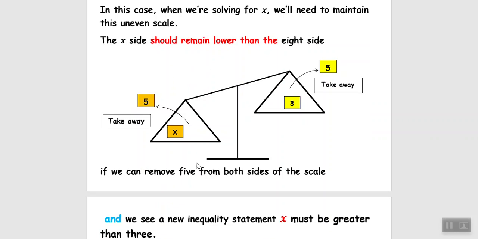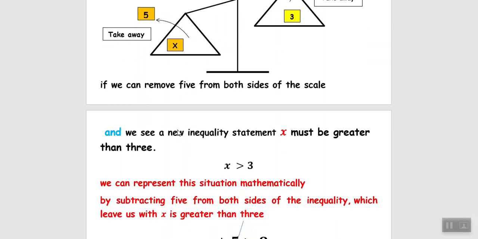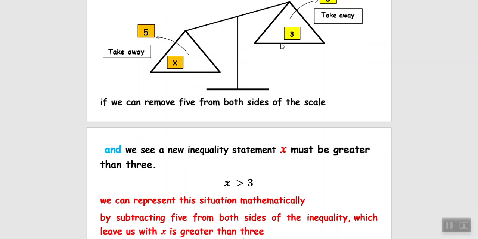The left side has x plus 5, the other side has 8. If we remove 5 from both sides of the scale, we get x by itself on the left side. When we take away 5 from the right side, we get 8 minus 5 equals 3. So we see a new inequality statement, x is more than 3.